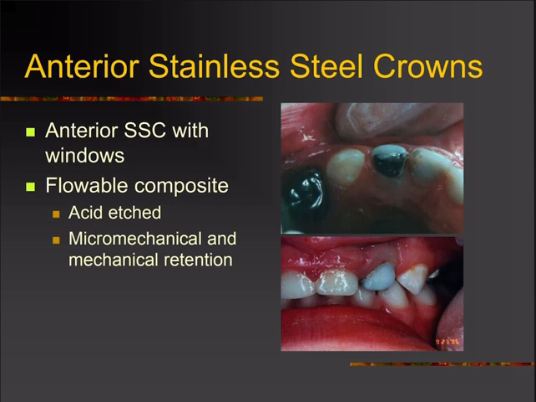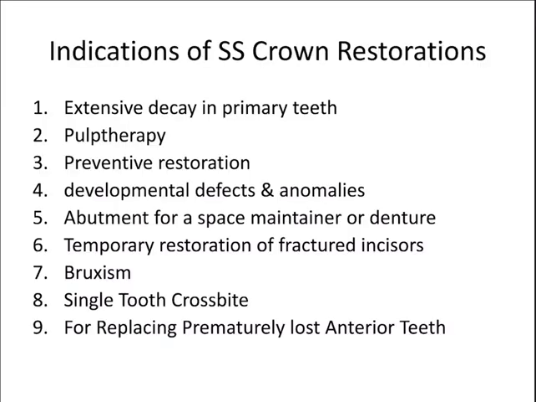Labially you will get the composite shade, and lingually the stainless steel crown shade. The stainless steel crown will be supporting the tooth. So you fit the crown, remove the labial portion using a burr, and cement it labially with a composite resin. That's how you do the anterior stainless steel crown.